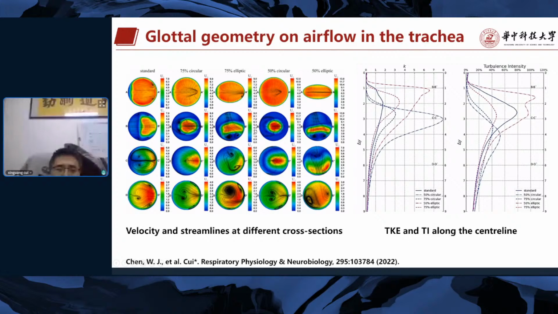Of course the glottis also impacts the secondary vortex and the recirculation zone, as seen from these figures, and also the turbulent kinetic energy and the turbulent intensity.